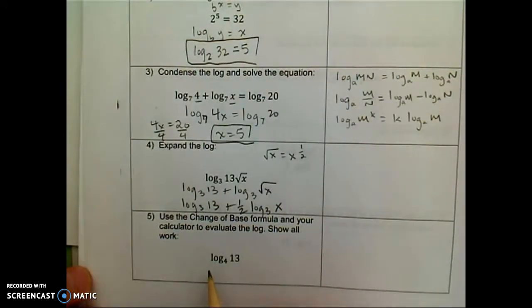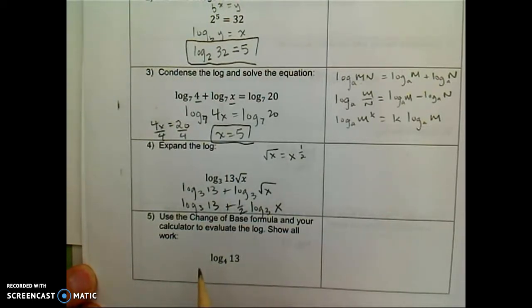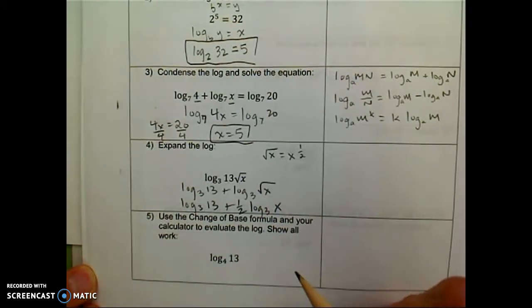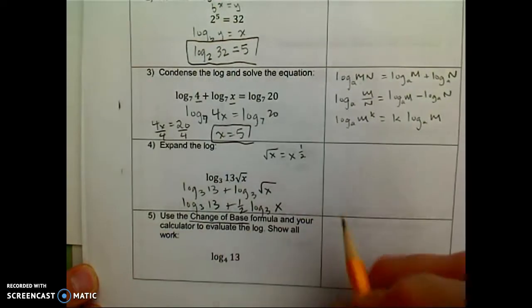All right, last one. We're asked to use our calculator to evaluate log base 4 of 13. Now, keeping in mind that the log button on your calculator is base 10, this is base 4, it's not the same thing. Remember that those are different bases, 4 to some power versus 10 to some power. Those aren't going to match up. So we have something called the change of base formula.